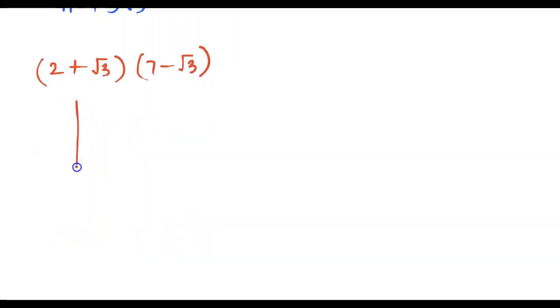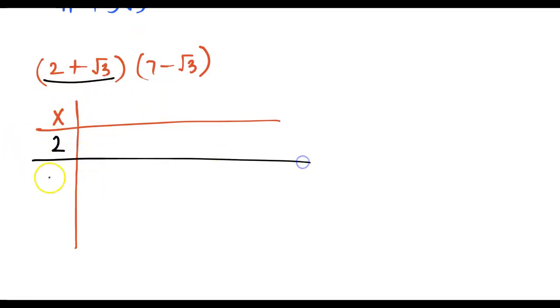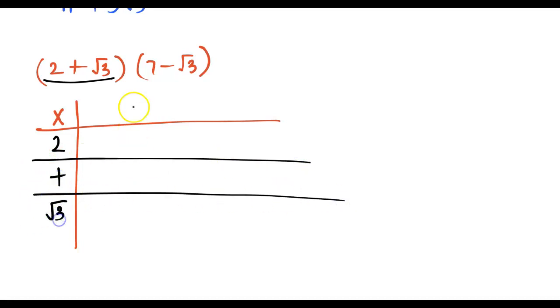Okay, so it's a table method. Yeah, right. So we are multiplying, expanding brackets. Let's write these terms. 2 here plus root 3 here. Okay, and this side we're going to be writing these terms. 7 here, take away root 3 here. Right?